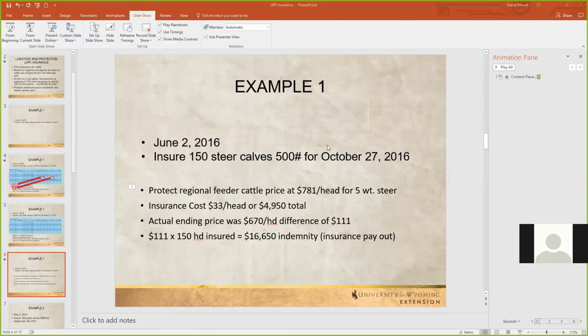You still would have got the indemnity, the $111 or the $16,000. They still would have written you the check. You don't have to sell the calves when the insurance expires. But your calves would have been worth less, so you would have still had the hickey on the value of the calves. But just because you chose to not sell them at the end of October, you still would have got the insurance payment.